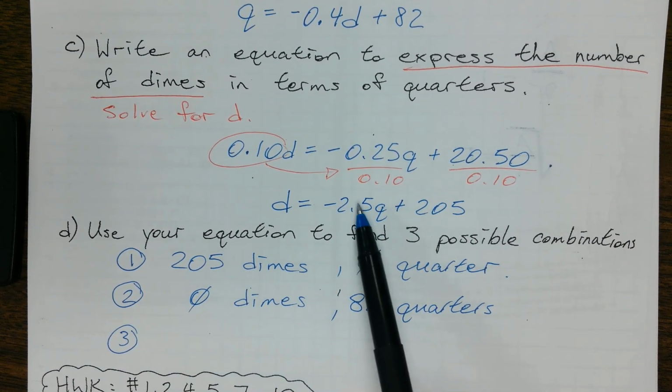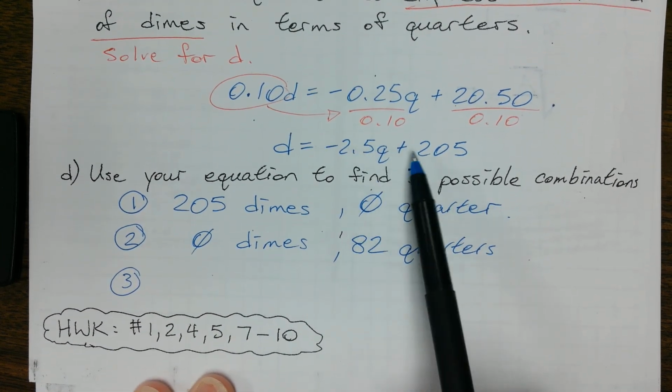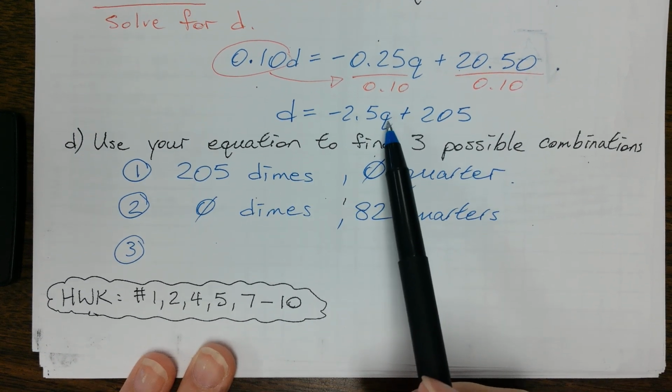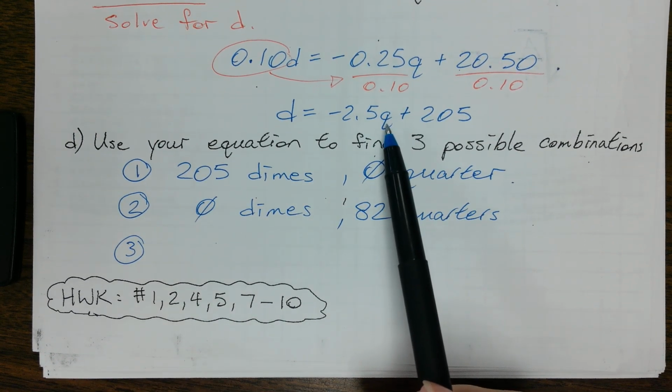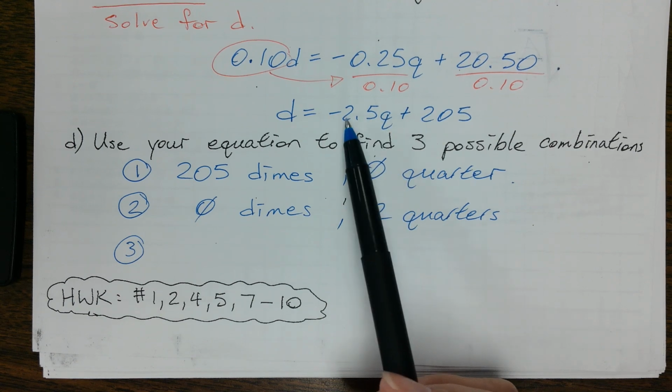So looking at this equation right here, can I have 1 quarter? Okay. Brianna? Okay, so if I sub in 1 right here for Q, how many dimes would I have?